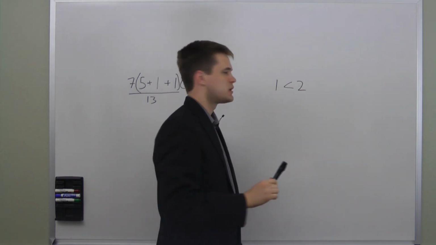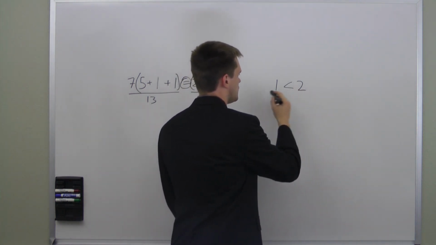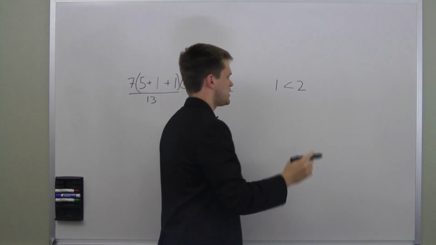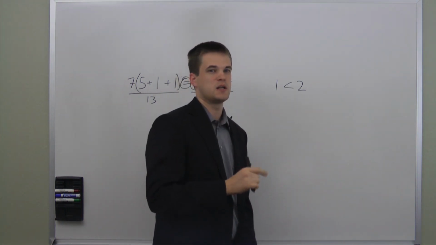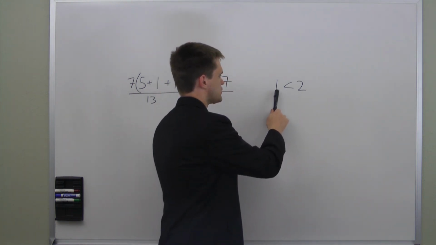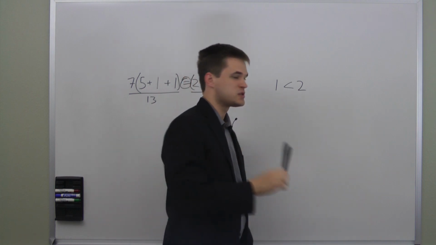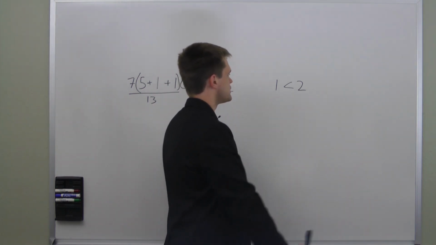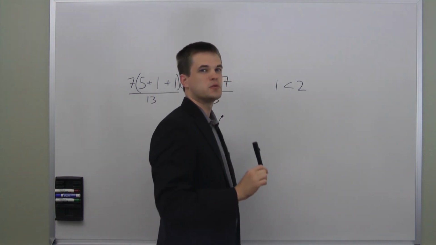So we might have the inequality 1 is less than 2. This consists of a mathematical expression on one side and a mathematical expression on the other side, and a sign that indicates which side is greater or lesser. That's what we have here. This is read as 1 is less than 2. And similar to equations, we can perform the same operations on both sides of the inequality sign, and it can remain true.